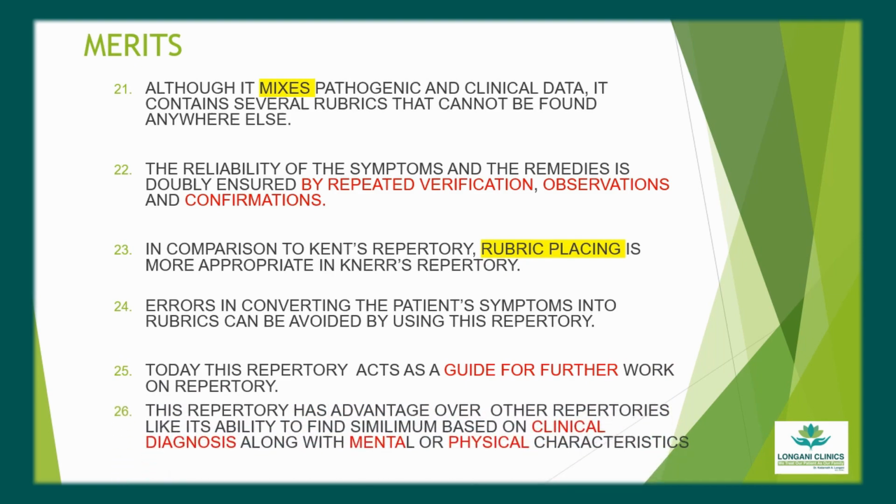Although it mixes pathogenic and clinical data, it contains several rubrics that cannot be found anywhere else. 22nd. The reliability of symptoms and the remedies is doubly ensured by repeated verification, observation, and confirmation.